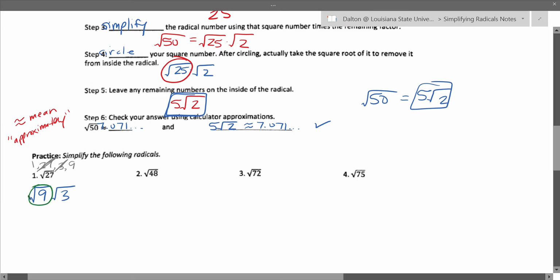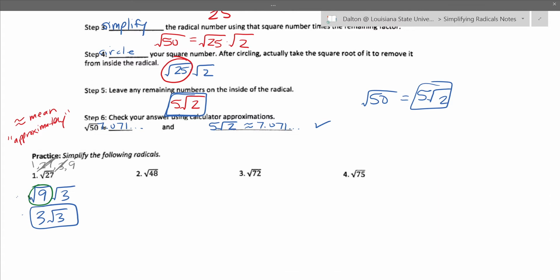So you've got to know those square numbers. So then instead of writing the square root of 9, I can write the number 3 because these two things are equal to each other. And then I still have to tack on that square root of 3 that can't be simplified. It can't come out of the radical because there is no other square number that goes into a number that small.